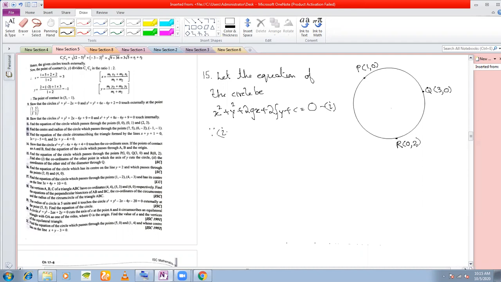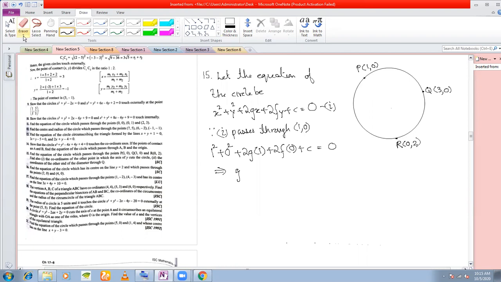Since 1 passes through (1,0), it must satisfy this equation. Therefore put x is equal to 1, 1 square, put y is equal to 0. So what do you get? You get here an equation in g and c.